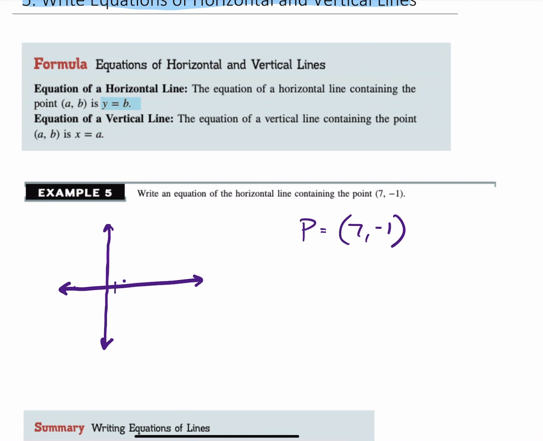Let's go out to 7, 2, 3, 4, 5, 6, 7, and -1 is down here. So imagine some horizontal line going through this point. Let's make it a little brighter. So it also goes through -1 on the y-axis.